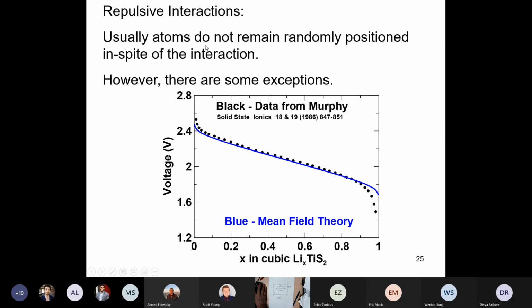But what I'll do next day is talk about what we do when the atoms do not remain randomly positioned in spite of the interaction. We have to go beyond mean field theory, and how do we deal with that? It'll be very accessible. We're not going to do anything fancy. We're just going to think and see what the consequences of thinking lead to.